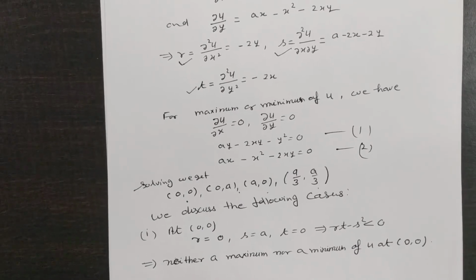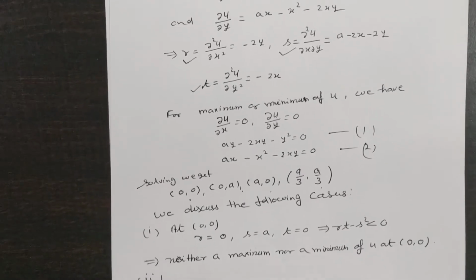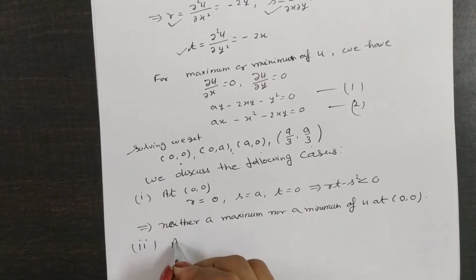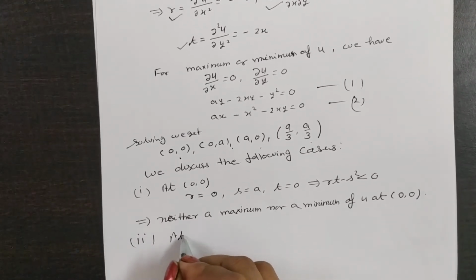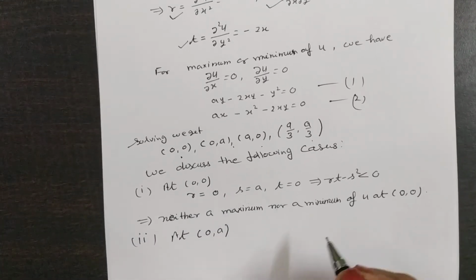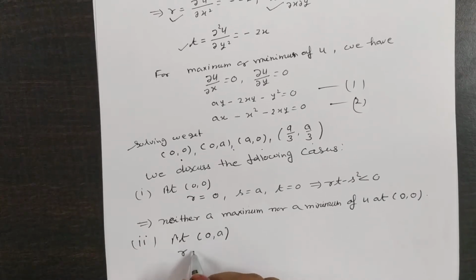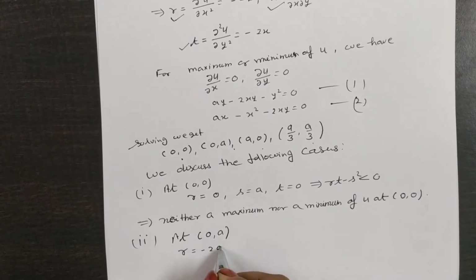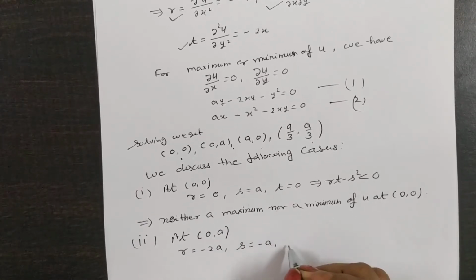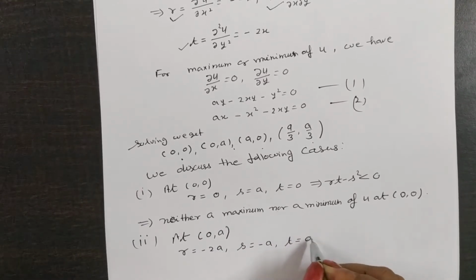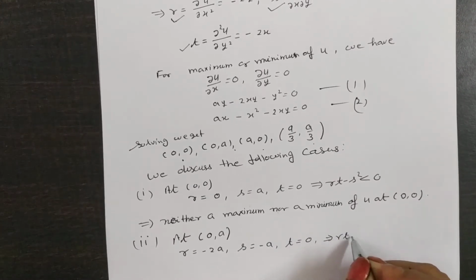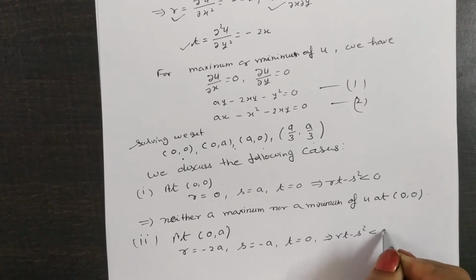Now for the second case, at the point (0, a). Here r is minus 2a, s is minus a, and t is 0. This implies that rt minus s square is again less than 0.